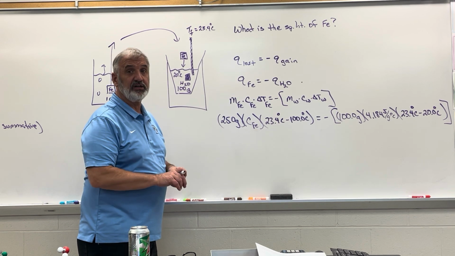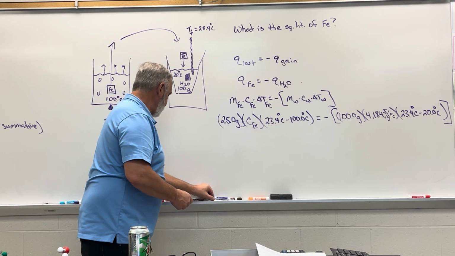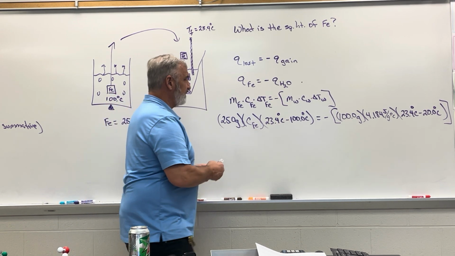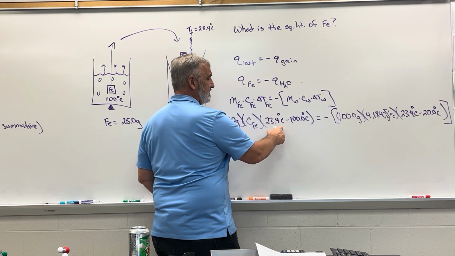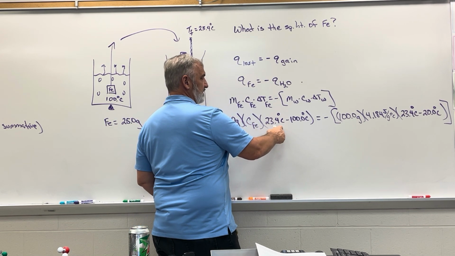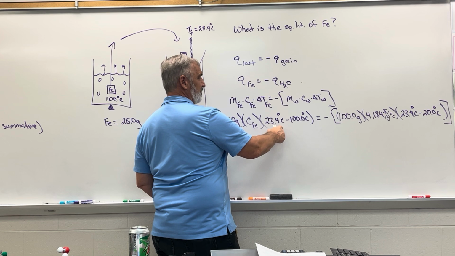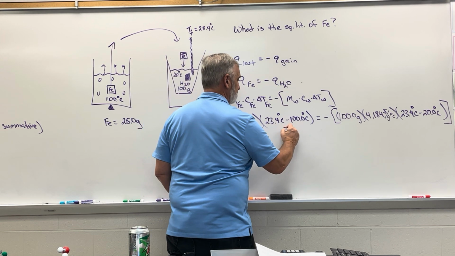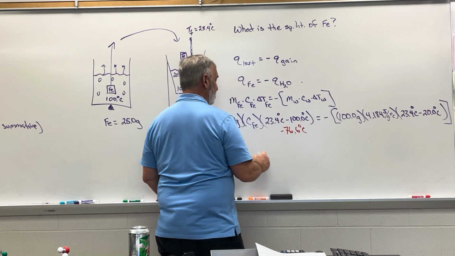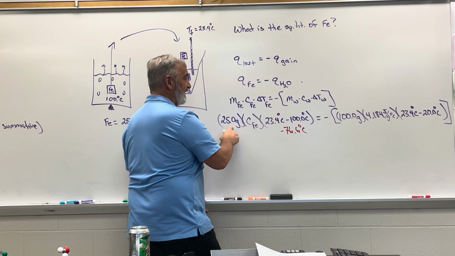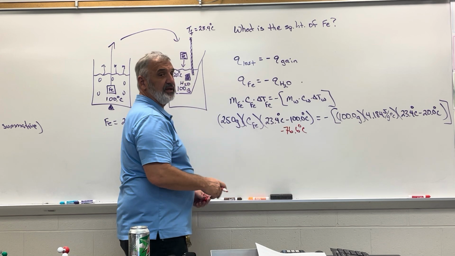Now it's going to be easier mathematically if, first off, we get delta T. What's this delta T? This is going to equal negative 76.6 degrees Celsius. So then when you multiply that by 25, what do we get?